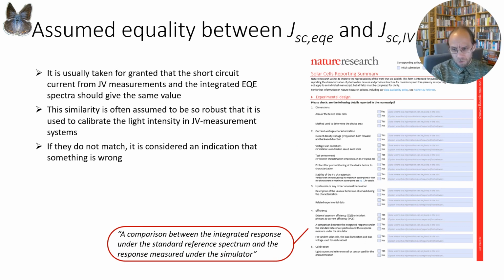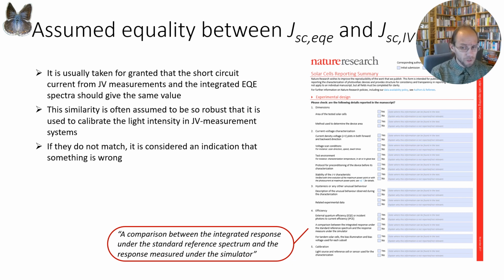And I would say it's usually taken for granted that the short circuit current from an IV measurement and the integrated EQE should be the same. And this similarity is, at least for established solar cell materials, assumed to be so robust that it's used as a basis for calibrating the light intensity in IV measurement systems.